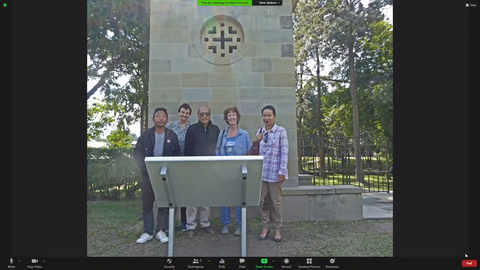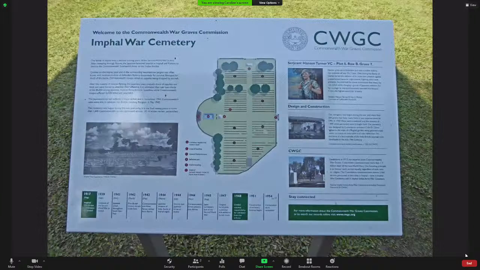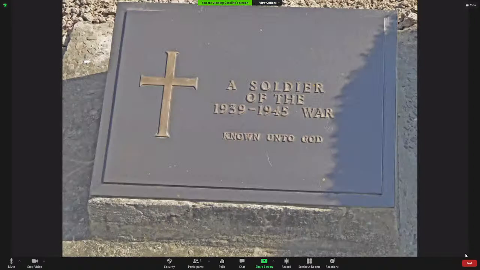So we went to the war cemetery, which is maintained by the Commonwealth War Graves Commission, and there are panels explaining the story of the Battle of Imphal in the Second World War. If that battle and the Battle of Kohima had been lost, the Japanese could have come into India, but they didn't.